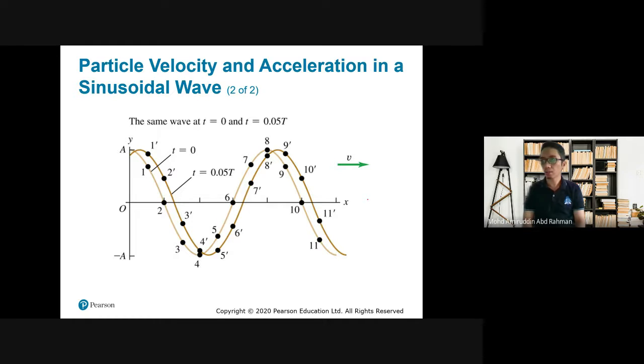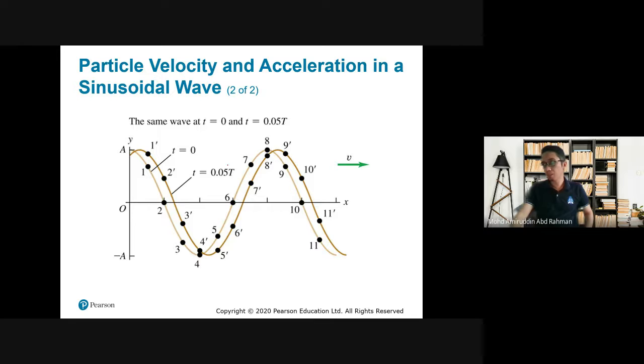If we have two waves that overlap with each other, we mention one as t0 and another one at t equals 0.5T.